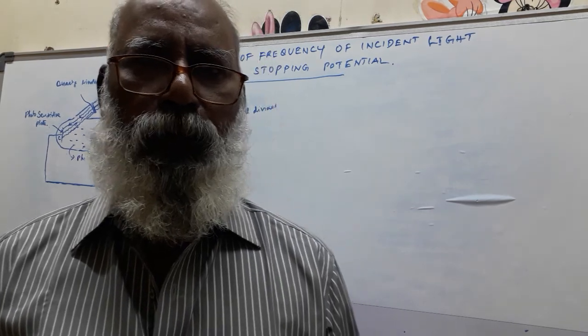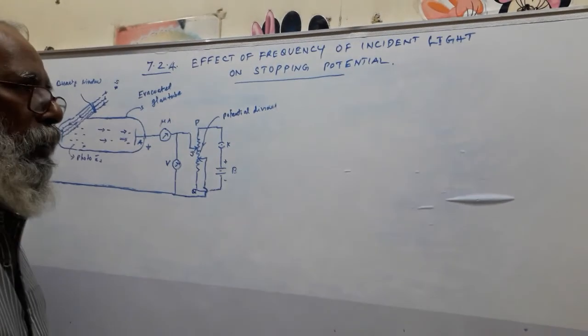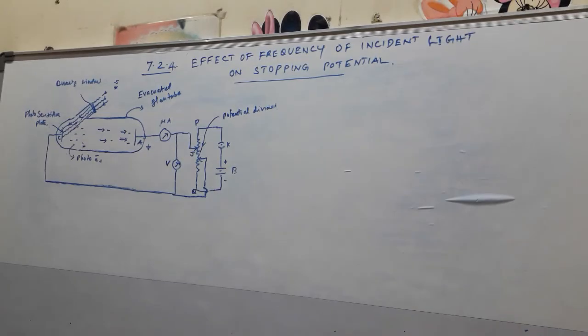Today we are going to see the important topic of the effect of frequency of incident light on stopping potential. To study the effect of frequency of incident light on stopping potential, the intensity of the incident light is kept constant.